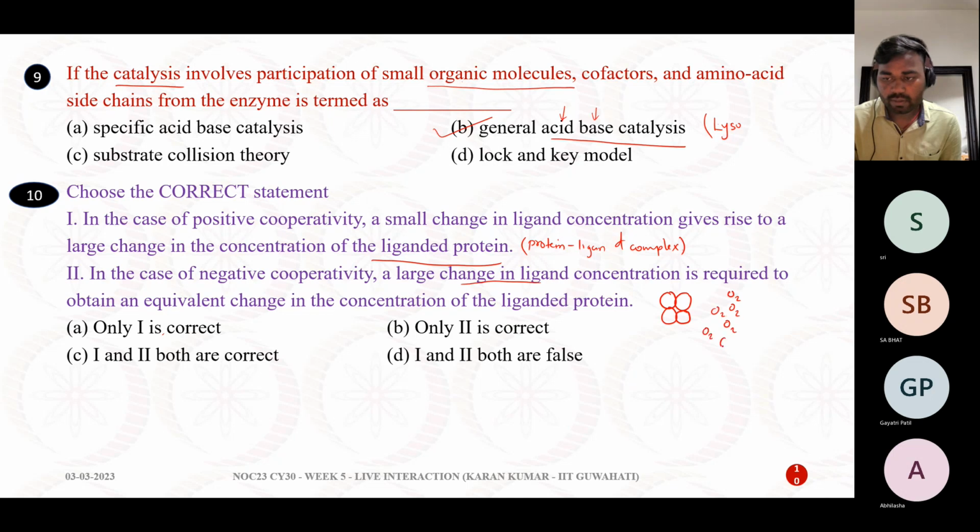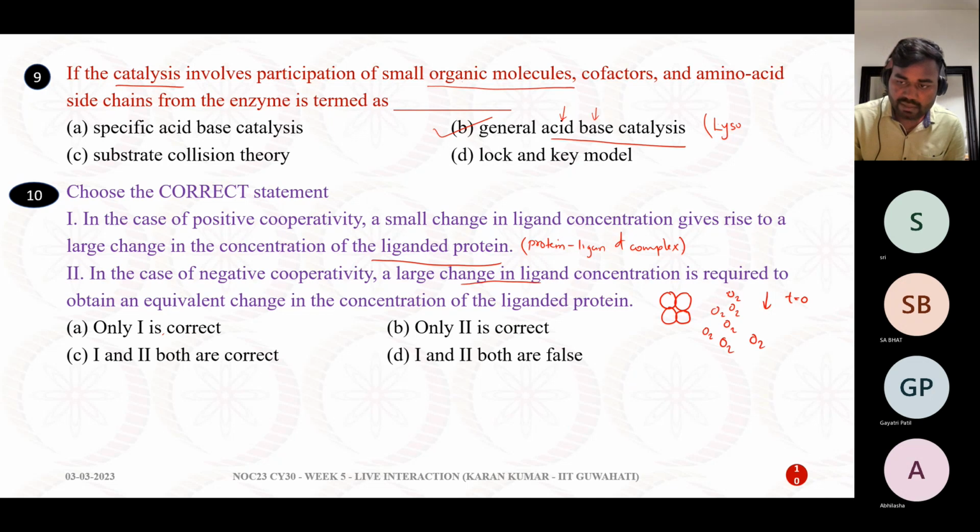Right now, the concentration of ligand bound, meaning oxygen bound hemoglobin, is very low, which is 0, right? At time t equal to 0, when no oxygen molecule is bound to the hemoglobin, the liganded protein, oxygen bound hemoglobin, will be very low.